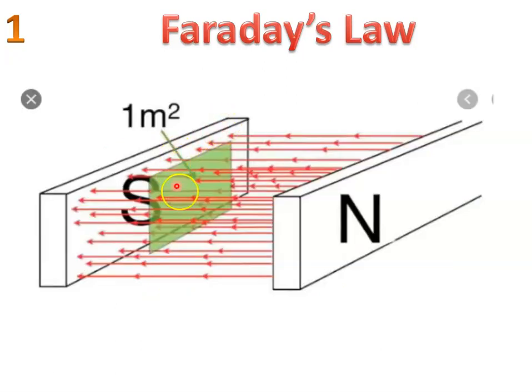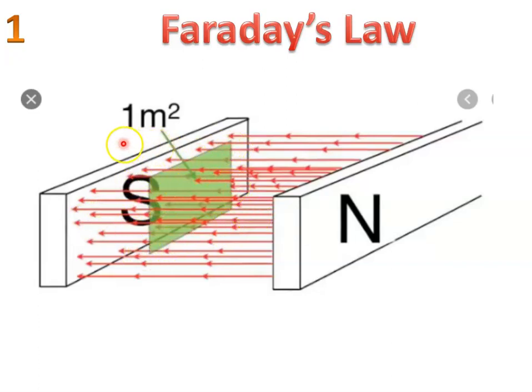In this situation we have 2 poles and we are considering the magnetic field between them, and you can see the lines of force nicely and uniformly placed parallel to each other, starting from the N pole and terminating upon the S pole, and you can consider a unit area.